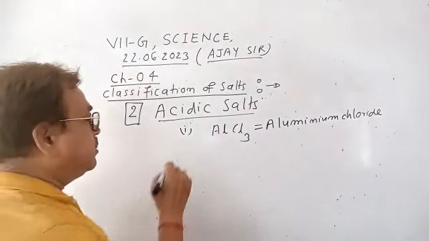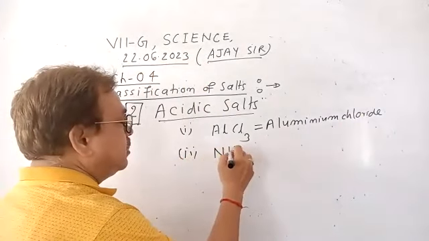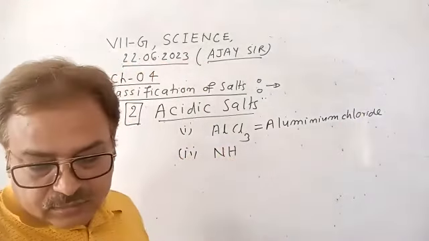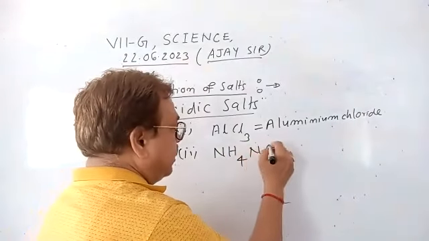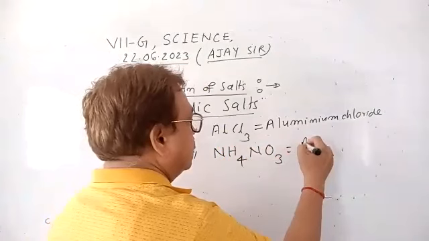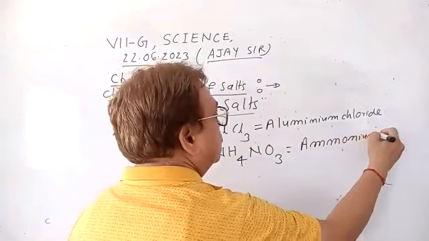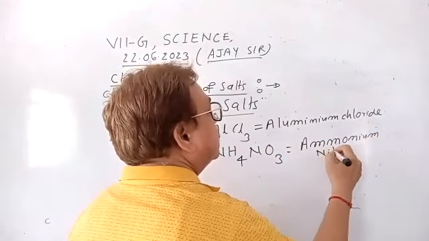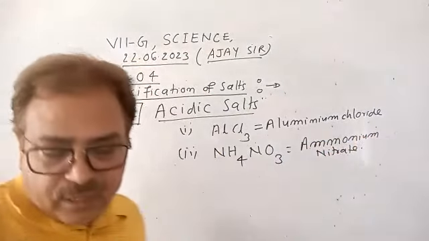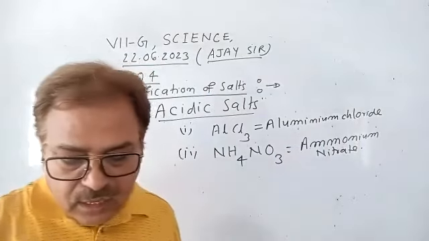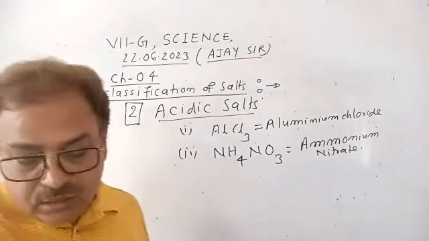Ammonium nitrate, NH4NO3. This is the formula and name of the chemical substance. Ammonium nitrate is an example of an acidic salt.